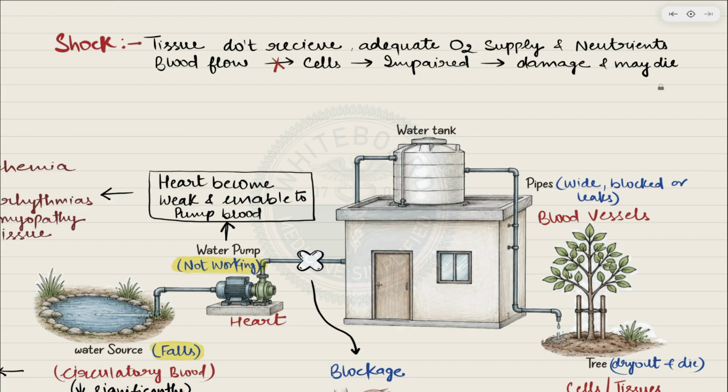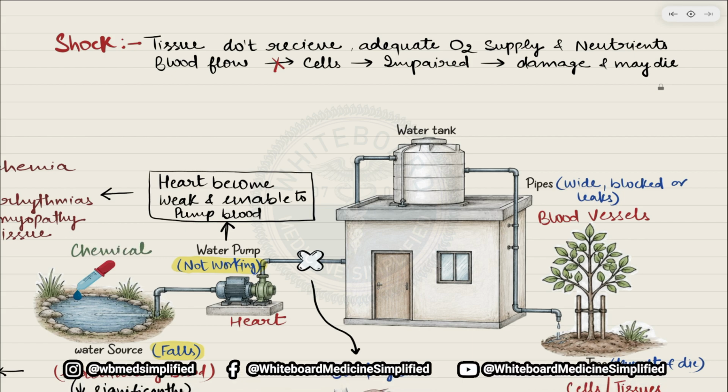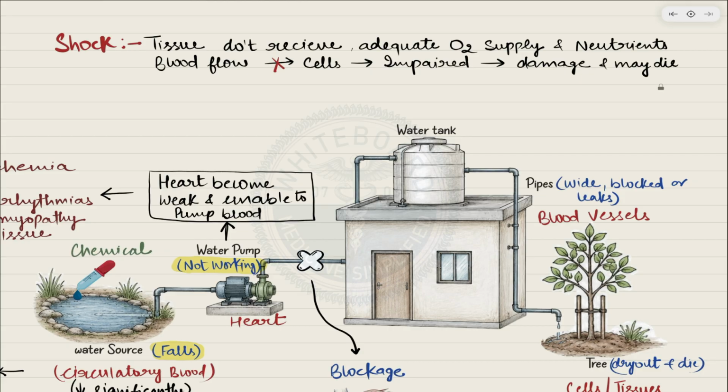Everything in the water supply system appears to be normal. However, this time, a chemical is released into the water. As a result of this chemical reaction, the walls of the pipes become loosened and lose their normal firmness. Consequently, the pipes widen abnormally.